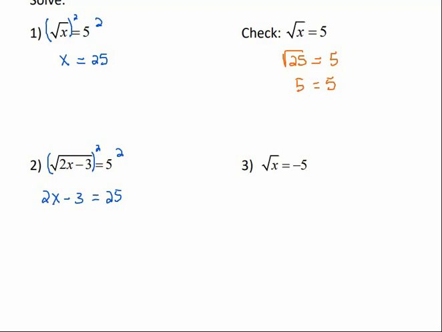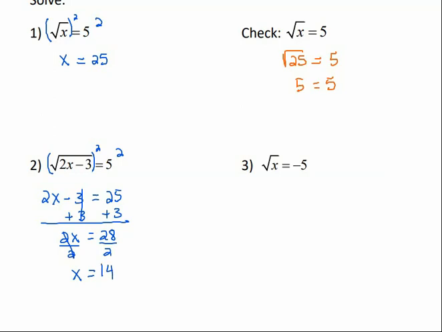Okay, so this is a linear equation, and I'm just going to solve it by getting x by itself. So I'm going to add 3 to both sides, and I get 2x equals 28, and then I divide both sides by 2. So I get x equals 14.